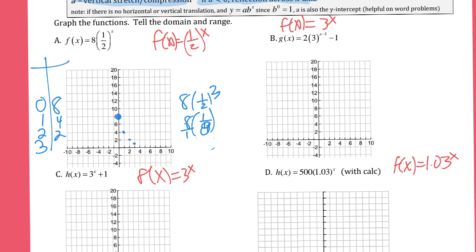What if we did -1? Let's try that. It's a little scary. 8 times a half to the -1. To the -1 means raise it to the first power and then flip it over. So flip over the half, you get 2. So 8 times 2 will give us 16. So it does follow the pattern. It's just really weird to think the next one would be 32.